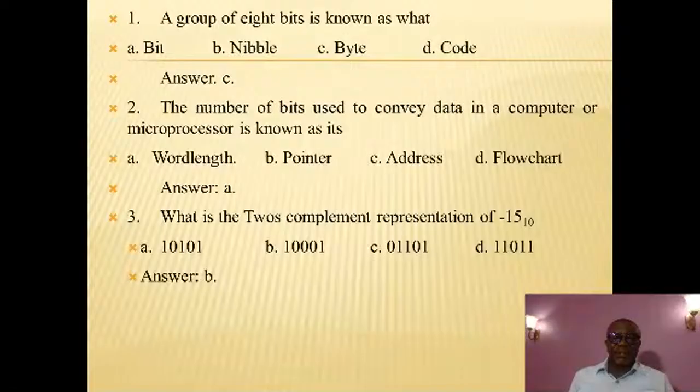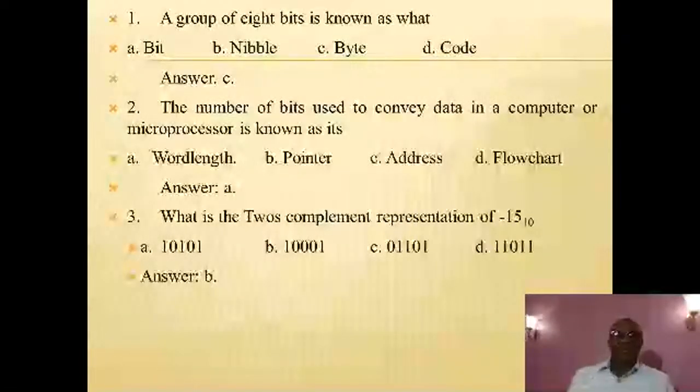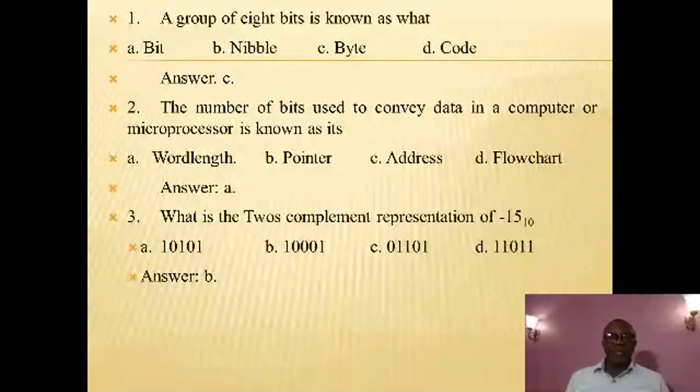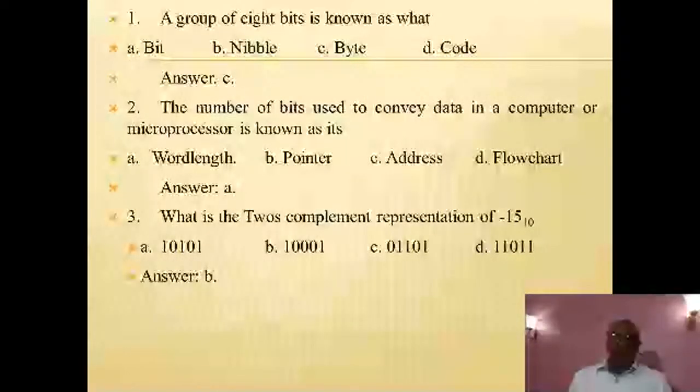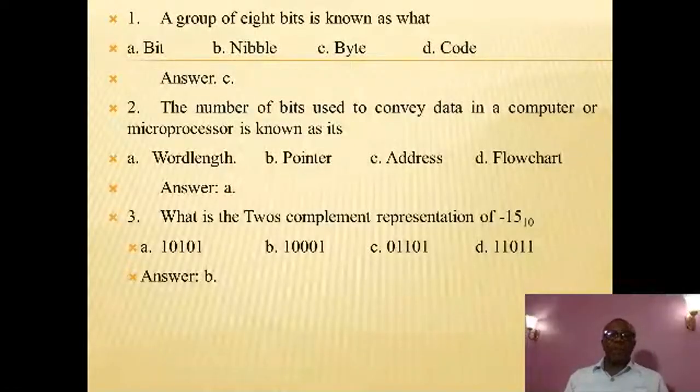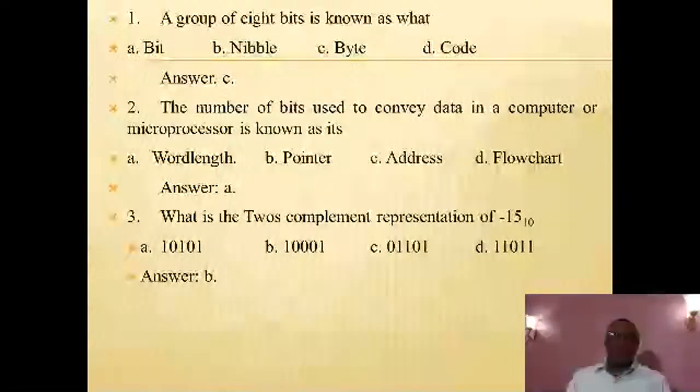That is what makes it 5 bits. Then we change all of them to 1's complement. So the 1111 will become 0000, and the last zero, which we appended as a result of minus, will now become 1. So we will have 1, 0, 0, 0, 0, 1, which is equal to B.